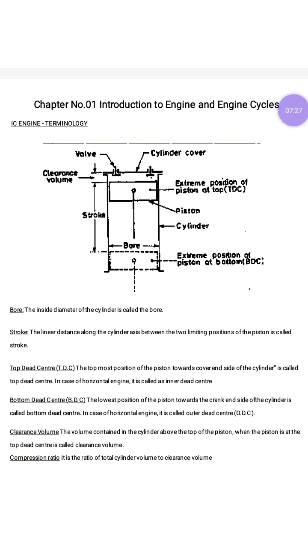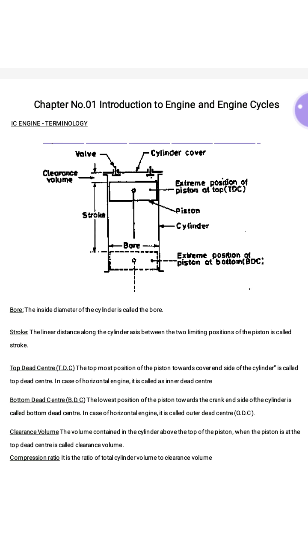Now next is engine terminology or nomenclature of the engine. In engine terminology, first one is bore. The bore means the inside diameter of the cylinder. Next terminology is stroke.